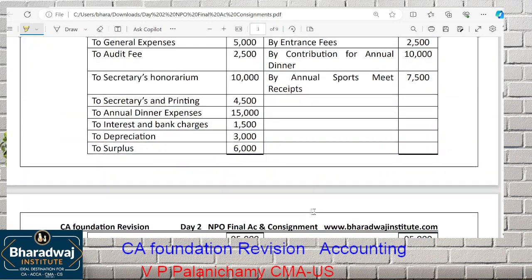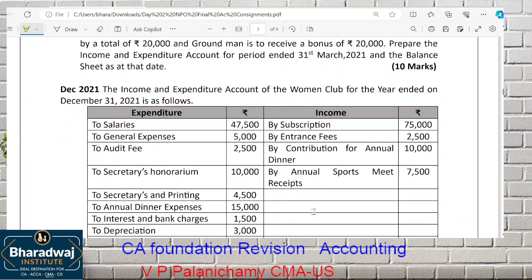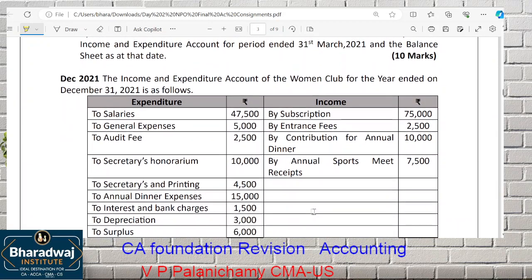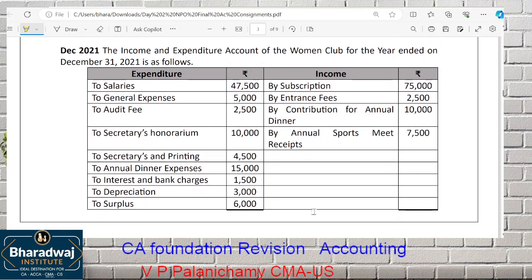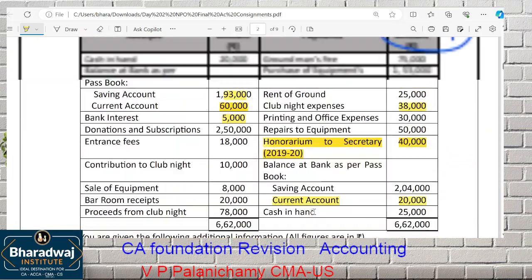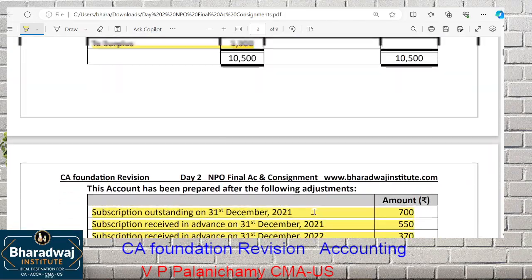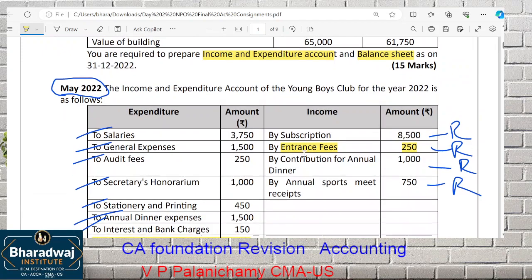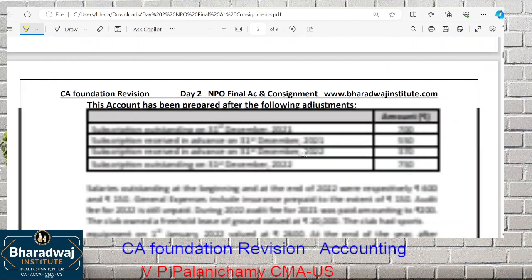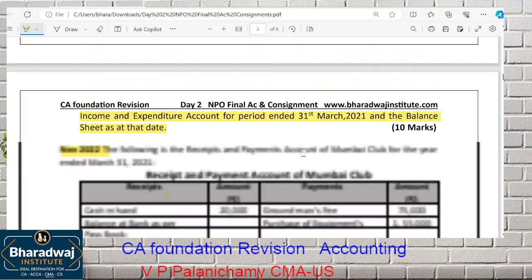Actually, if you look, the same question got repeated with extra zero. Correct? Or is it different? Oh, something different. Different, but the content is the same.